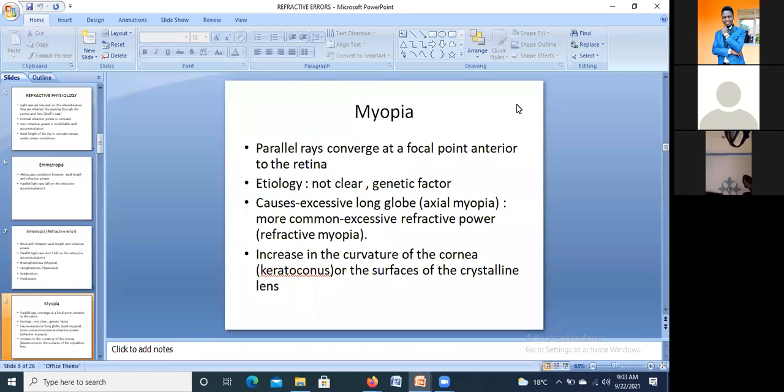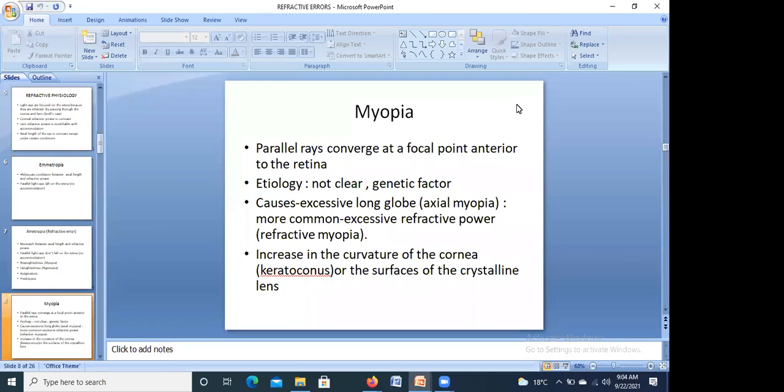So when the corneal curvature increases, for example, there's a condition in young children and adolescents where the cornea becomes thinner at the center and forms something like a cone, and the curvature of the cornea increases, increasing the refractive power of the cornea. That's what we call keratoconus. So those are the key main causes of myopia: the size, the actual length, the genetic component, and of course the curvature.